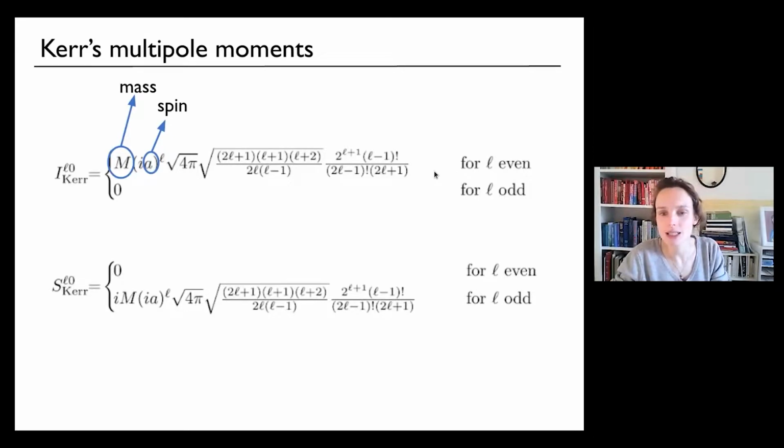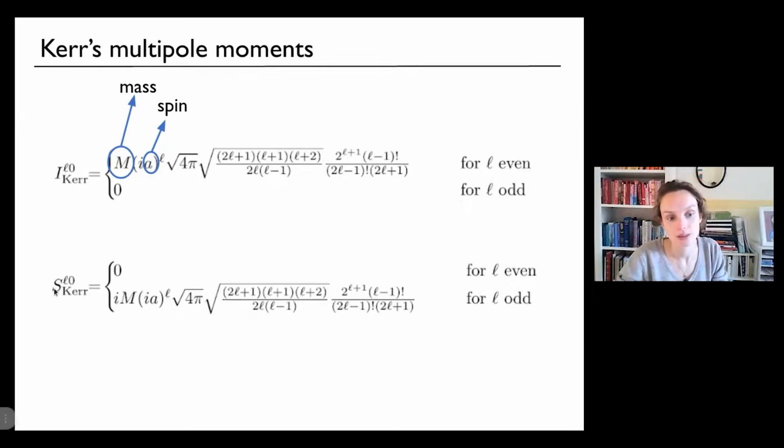And what you see is that the mass multipole moments are only non-zero whenever, in your harmonic decomposition, L is even, and they're all zero whenever L is odd. And that has to do with the symmetry in the equatorial plane of the Kerr spacetime.